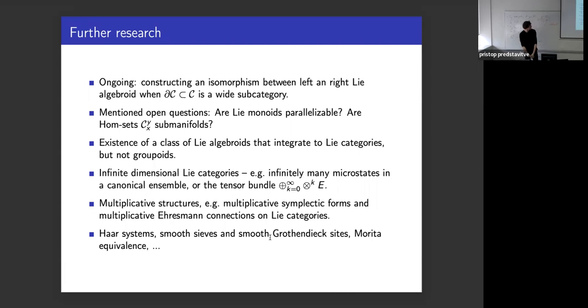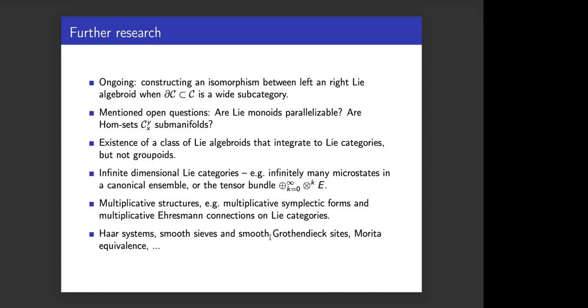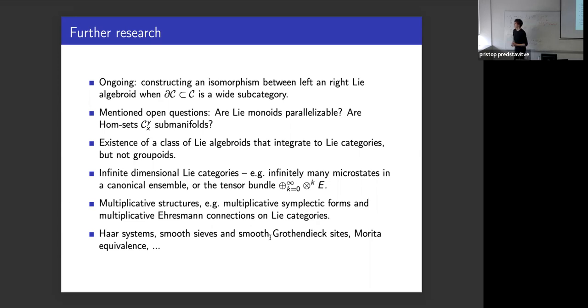Any other questions? Maybe if I can ask something. So how does this compare to the theory of local Lie groupoids? So the theory of local Lie groupoids is basically you have two sets, just as in the context of Lie categories, but your multiplication or composition is only defined on a neighborhood of the units, and the same holds for inversion.